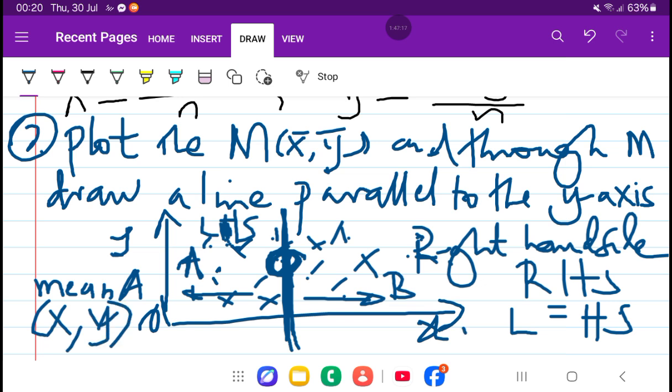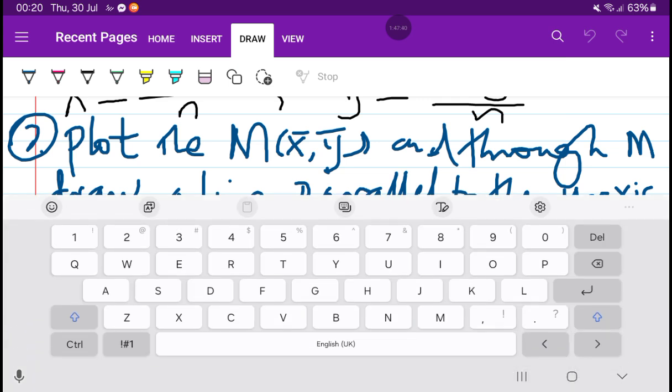Then we also get the mean for B, that is for both x and y values. That is what is going to happen in step number 3. So step number 3 is you find the mean of the points on the left.